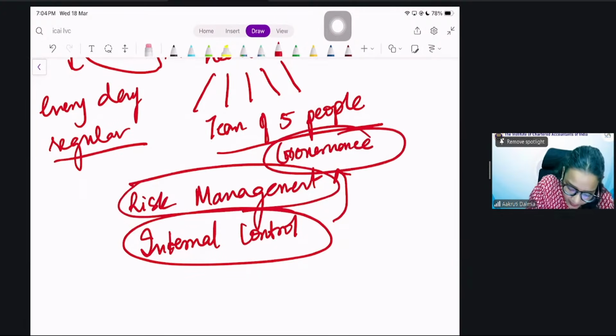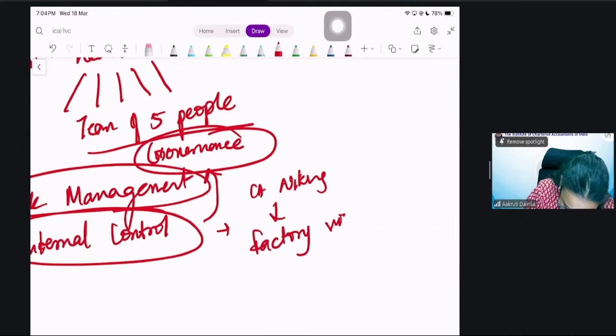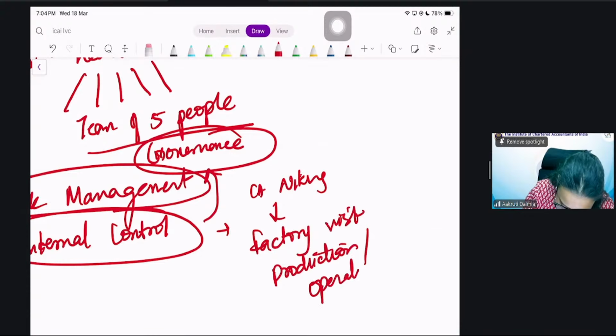Because when they are checking on ground, let's say the CA Nikunj went for a factory visit to check production and operations are happening properly or not. And he saw that the workers were very demotivated. And he saw that the workers were not working properly. They were taking a lot of breaks.